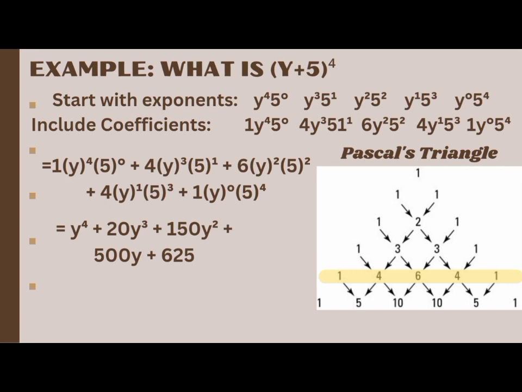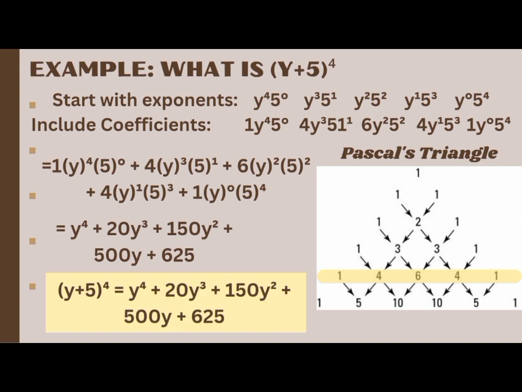So 625 times 1 is 625. Then the final answer is y plus 5 to the power of 4 is equal to y to the power of 4 plus 20y cubed plus 150y squared plus 500y plus 625.